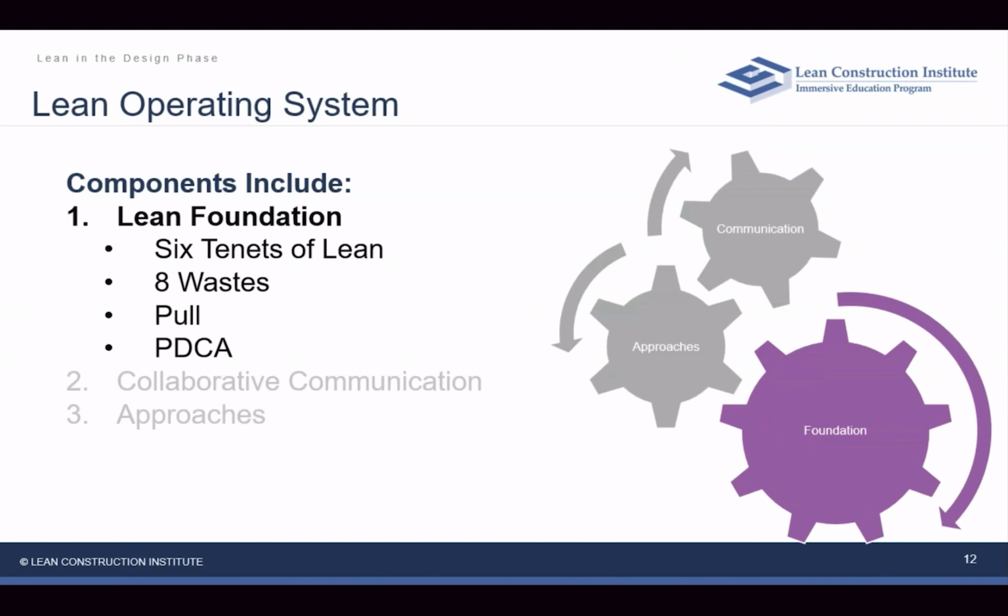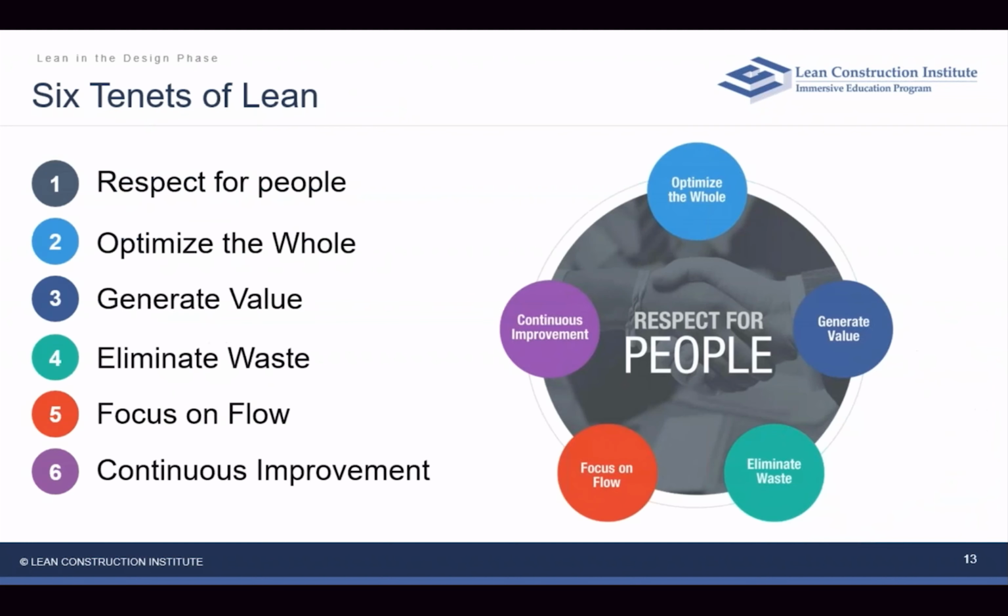So lean operating system. Let's look at these components, these four fundamental lean foundations. The 6 tenets of lean we're going to cover: 8 wastes, pull, and PDCA. So this is the 6 tenets of lean.